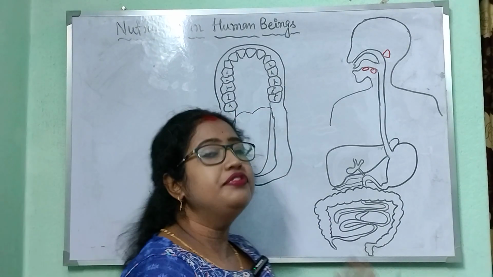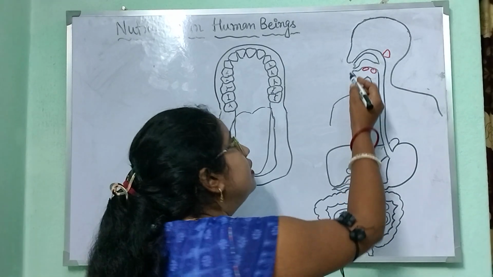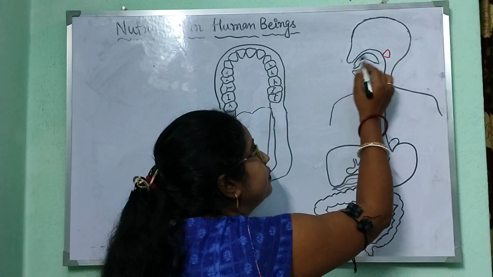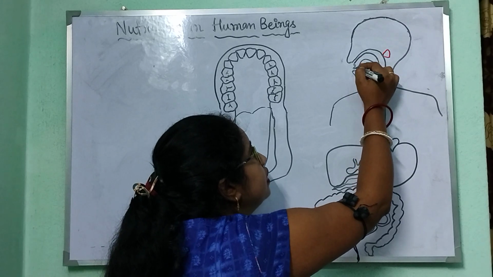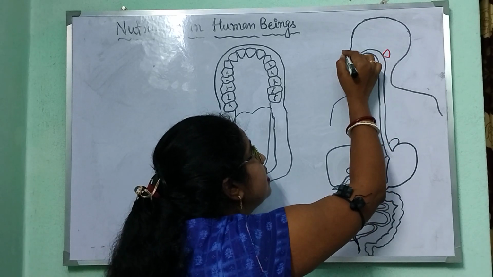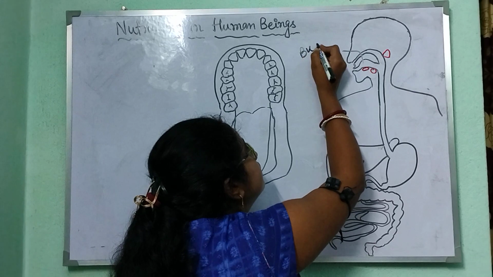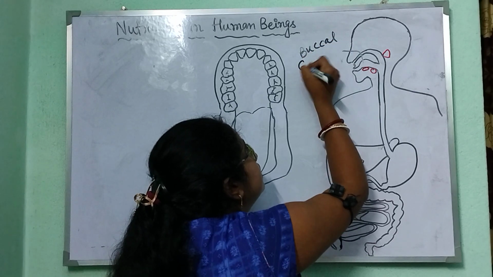It has different parts. This one is the mouth, then this floor is known as the buccal cavity.